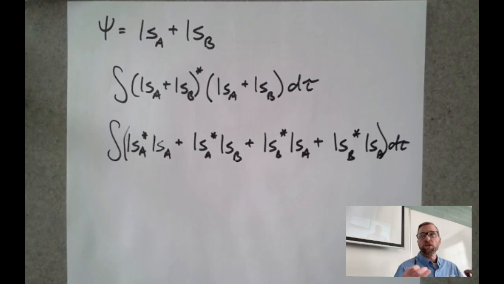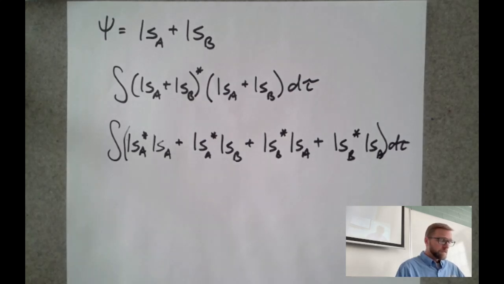So I'm just doing first, outer, inner, last. That's FOILing or distributing. How many integrals do we need to solve? 4. 4 integrals.